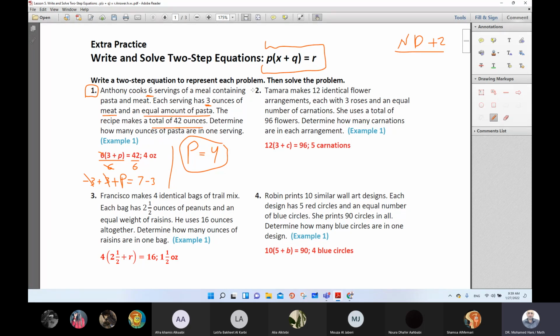Who can read exercise number 2, please? Alia, can you read exercise number 2?